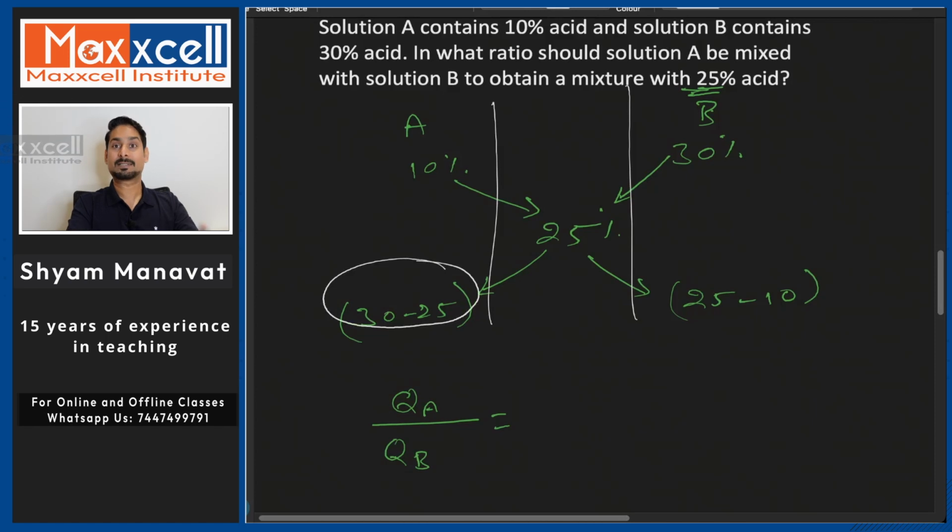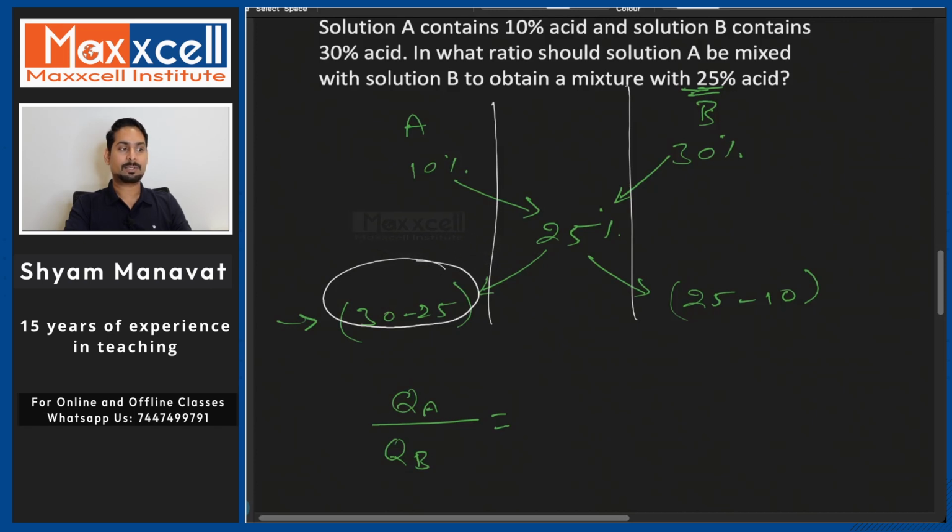So the cross difference will always give you quantity. Remember, the name of this rule is the alligation rule. You can name it something else also, but let's use the common term. By doing the cross difference in the alligation rule, the result is always the quantity. It cannot be price, it cannot be percentage, it is always the quantity.